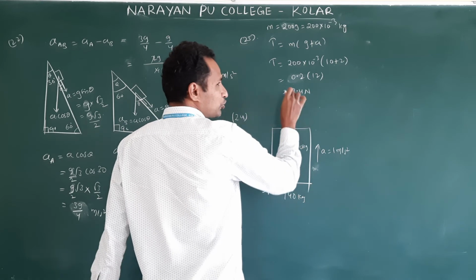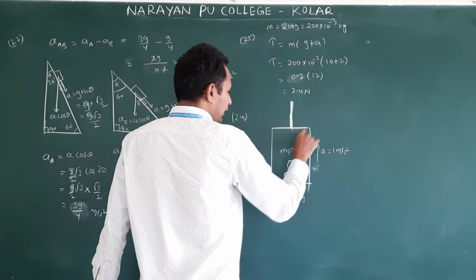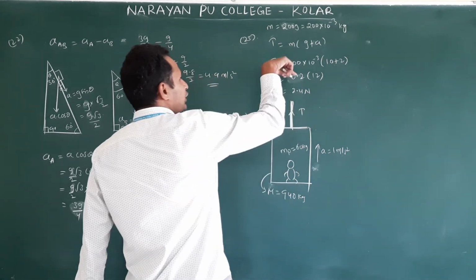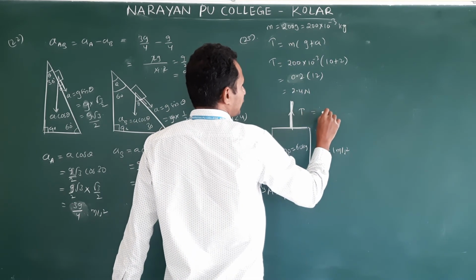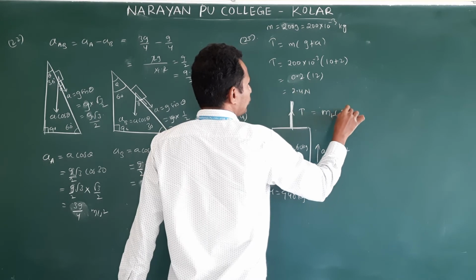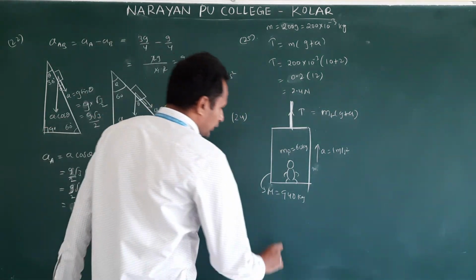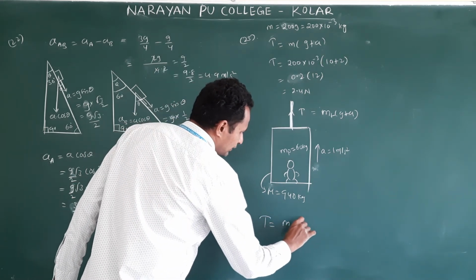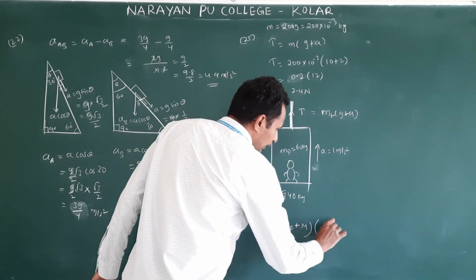Now how does the lift move up? There is a cable above, attached to the cabin, that pulls it up. So they are asking T. It is going up, so the formula remains the same. Here M is the total mass: M total into (G plus A). So T is equal to the mass of the person plus cabin, into (G plus A).